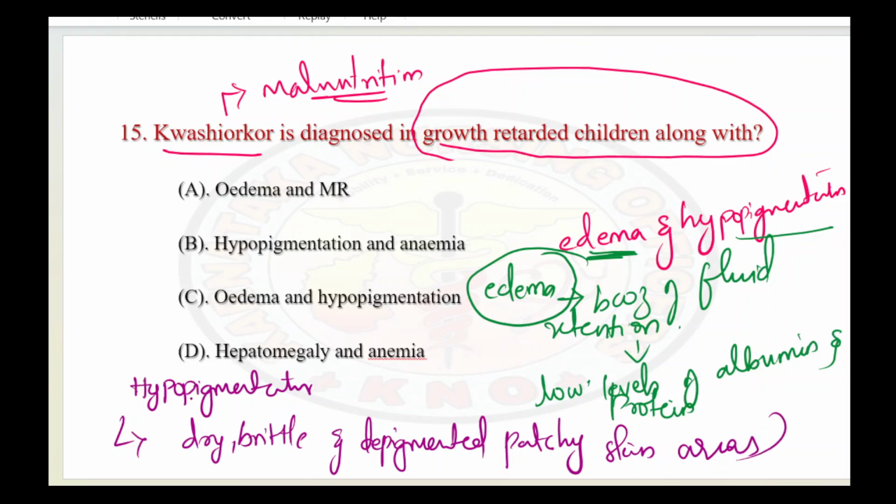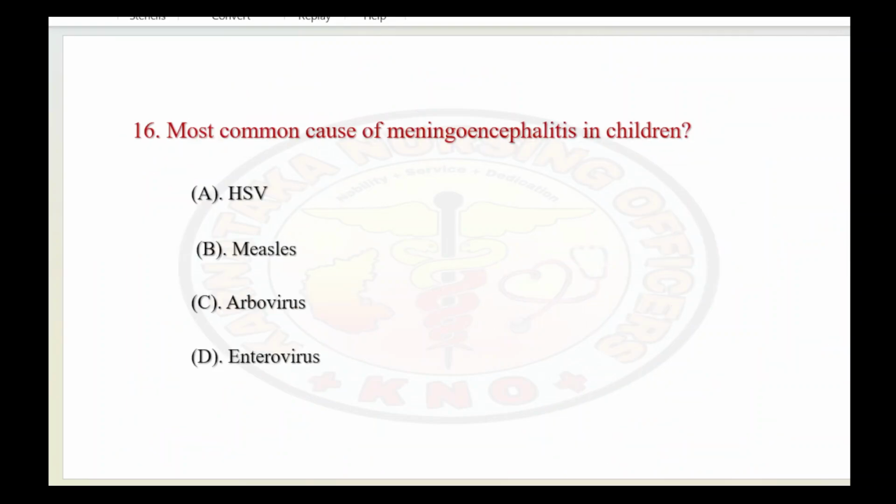So easily the child's skin will get dry and the pigmentation is not evenly distributed. Okay, so these are the two main features that you are going to see in a kwashiorkor child. First is edema and second is hypopigmentation. Here the answer is C. So let's move on to the next question.